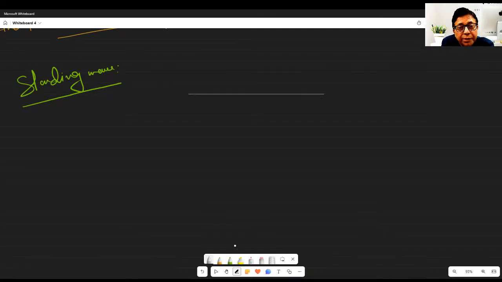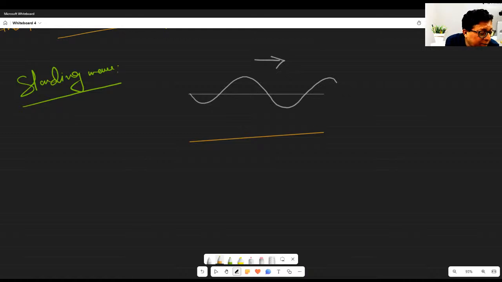One wave going towards right, okay, and the other one is coming towards left. My diagram is never perfect.